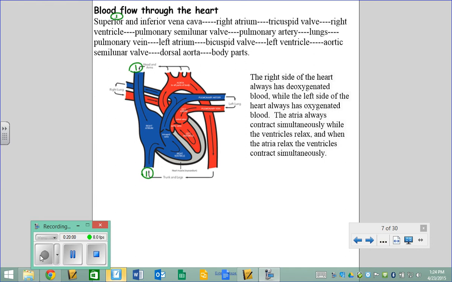After it goes to the vena cava, we have your right atrium. So that's part number 2. After the right atrium, we have the tricuspid valve. So there's number 3.